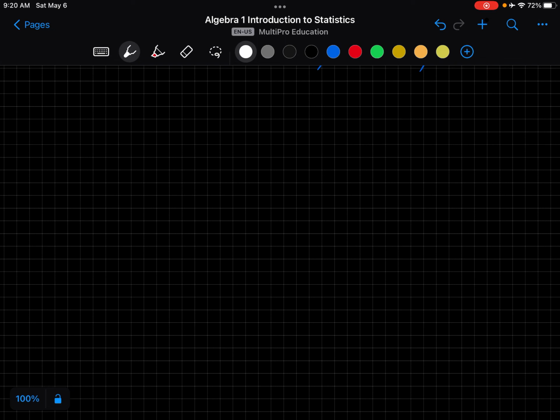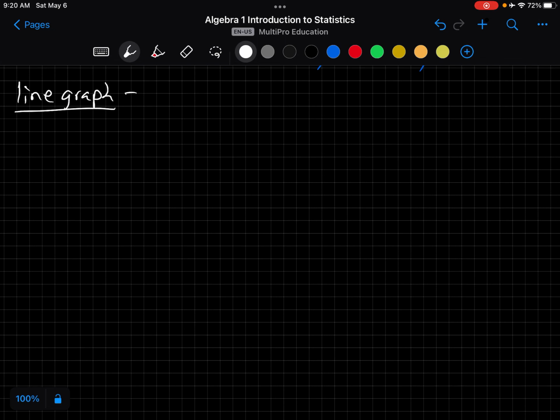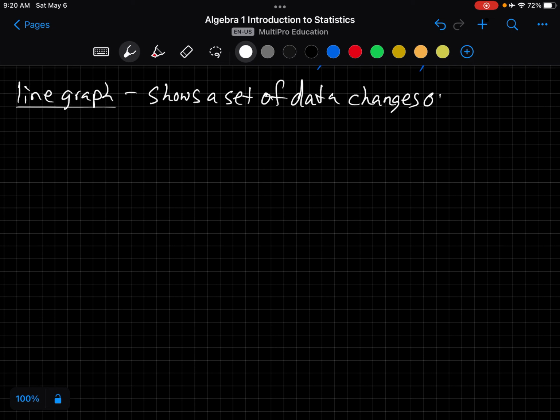All right, let's look at another kind of graph. We have a line graph. What does this do? It shows a set of data changes over another variable.